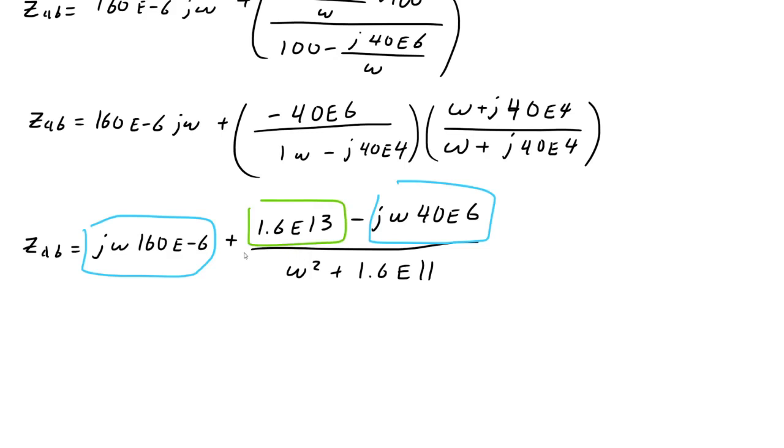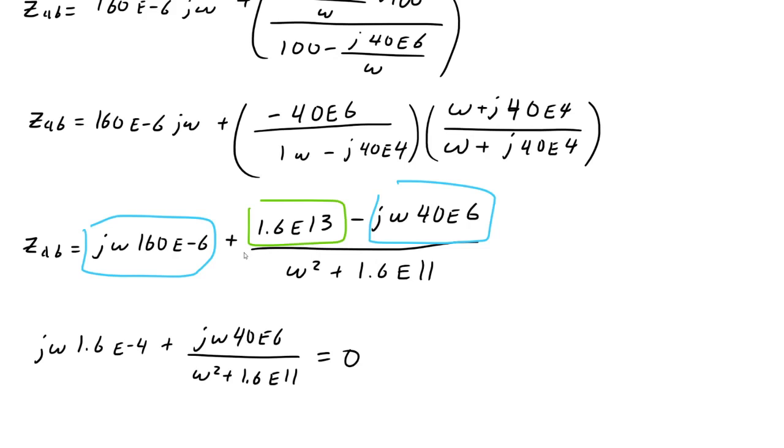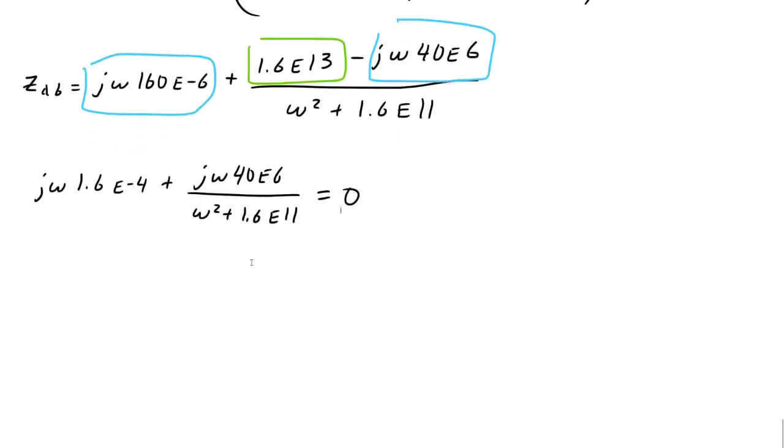So I'll just write this 1.6 E minus 4 plus J omega 40 million divided by omega squared plus 1.6 E11. And all of this equals 0. And it has to equal 0 for it to be purely resistive, because otherwise there will be a non-zero phase angle, which means we will have some reactance in the impedance.